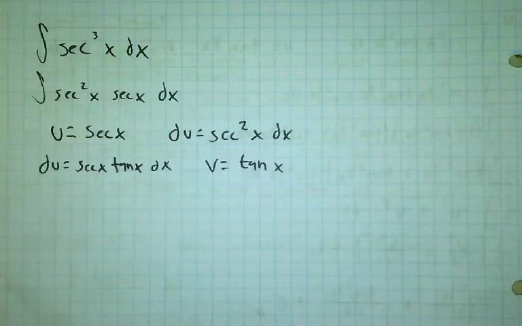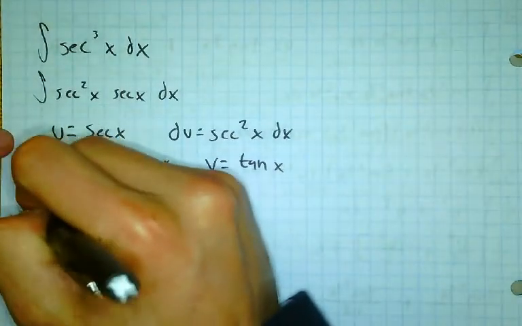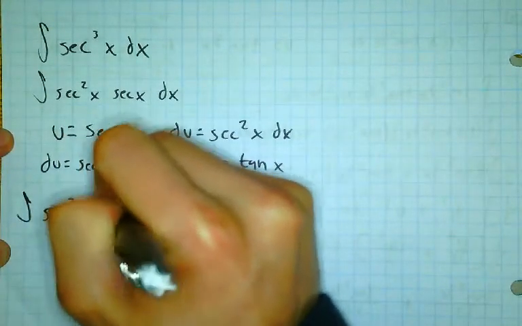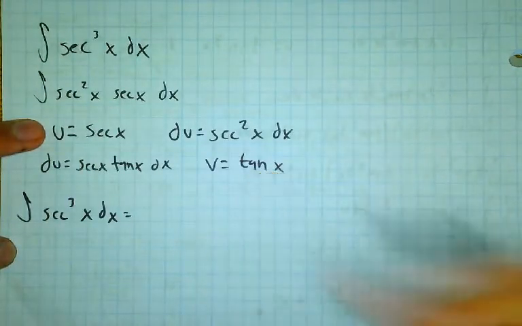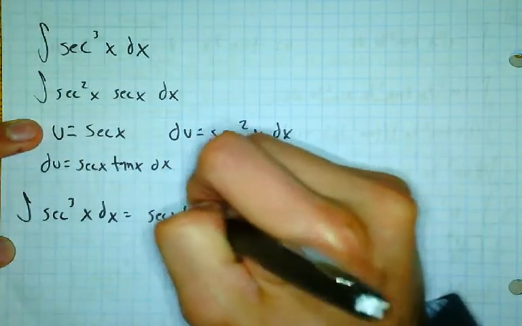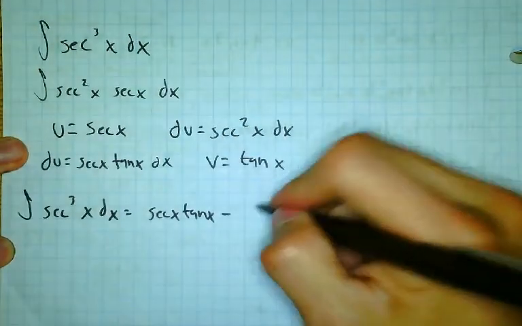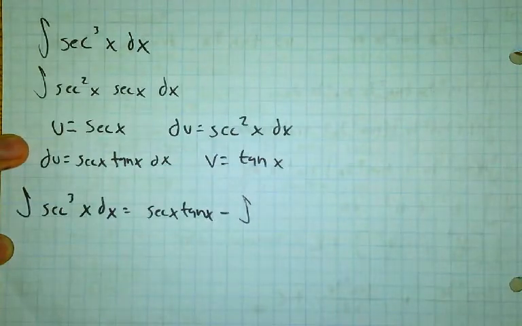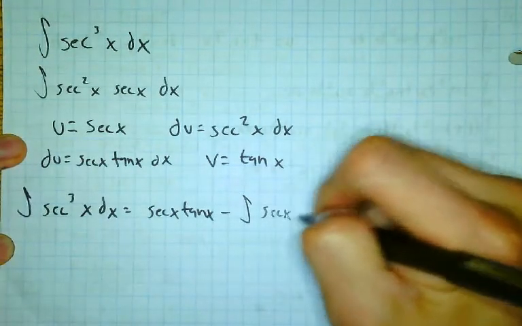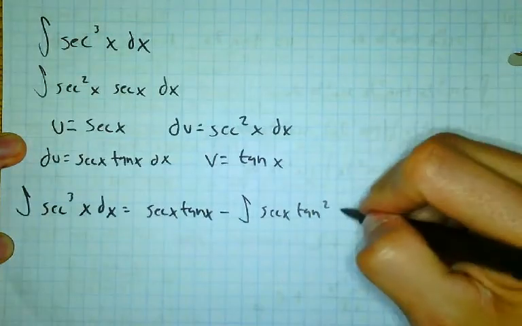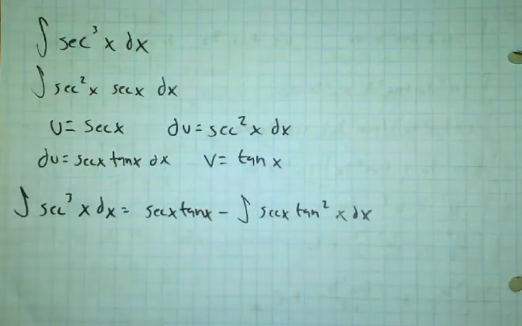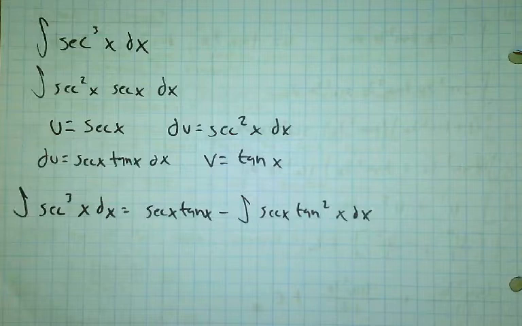So according to integration by parts, the integral of secant cube x dx is equal to u times v, which is secant tangent, minus this times that, right? So the integral of what do we got? Secant x tangent square x dx, right? And now what?